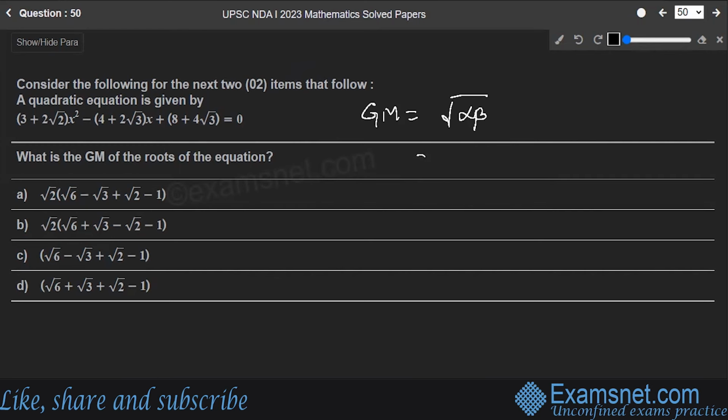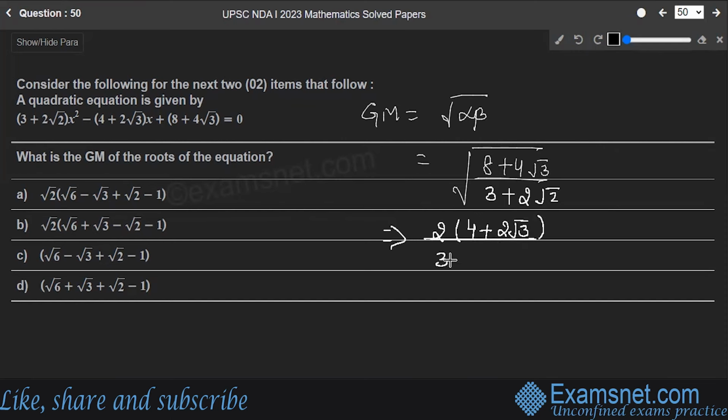Alpha into beta, in the last question we did, was equal to 8 plus 4 root 3 upon 3 plus 2 root 2. I'll take 2 common from the numerator. So this will be 4 plus 2 root 3 upon 3 plus 2 root 2.